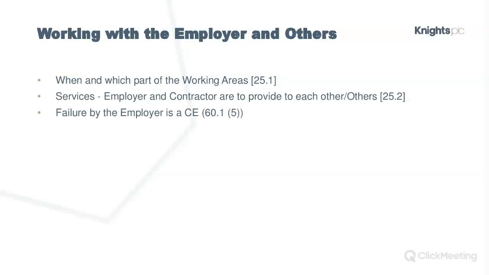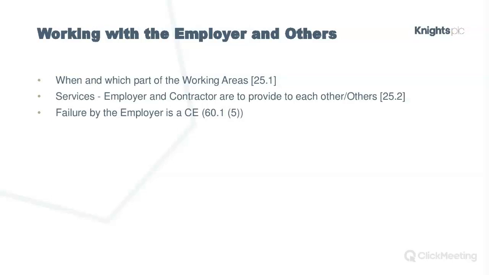Bear in mind this final bullet point, and we're going to come to these later, it's a compensation event. So extra time, money, and loss and expense, and money relating to the time, to the contractor if the employer or the others don't stick to what is stated in the works information.